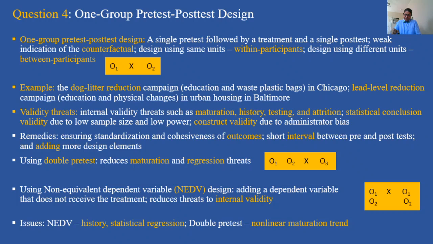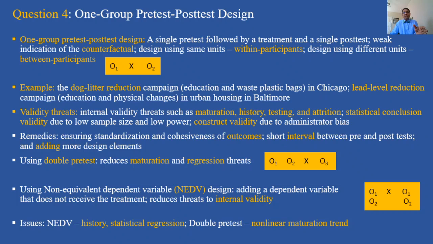Now, can these threats be reduced using a non-equivalent dependent variable design, that is NEDV design, as it is known? Now, NEDV design entails adding a non-equivalent dependent variable to the experiment, which does not undergo the treatment, as in the box.